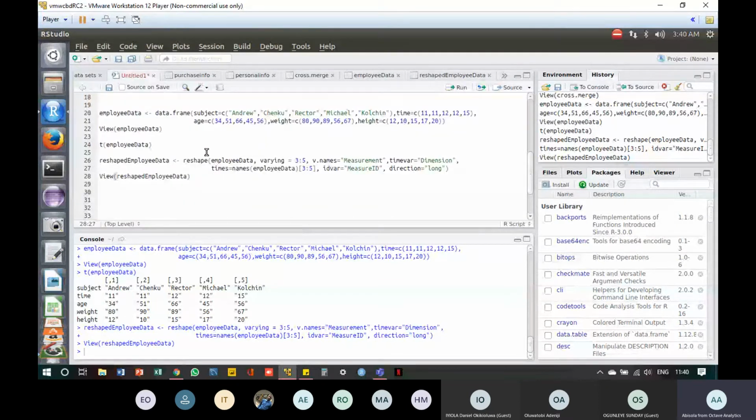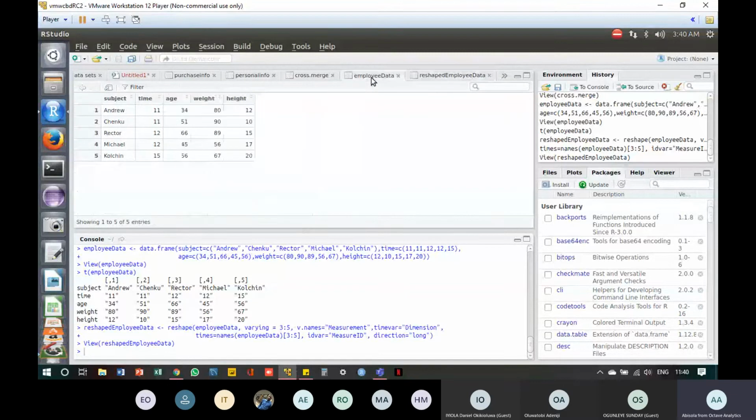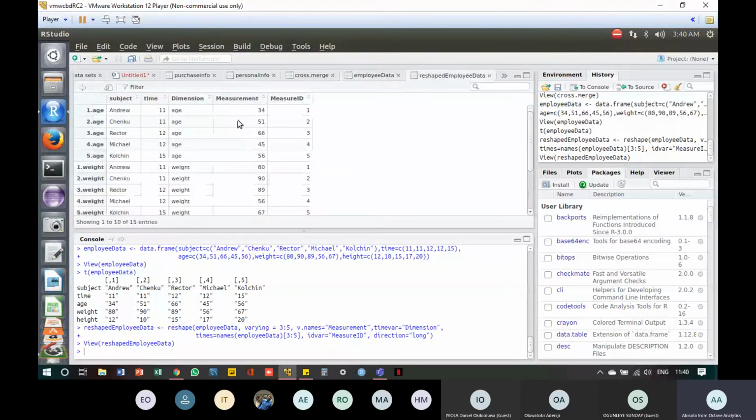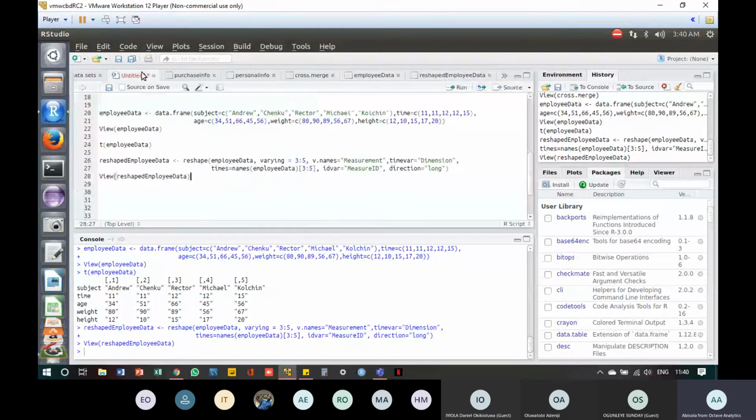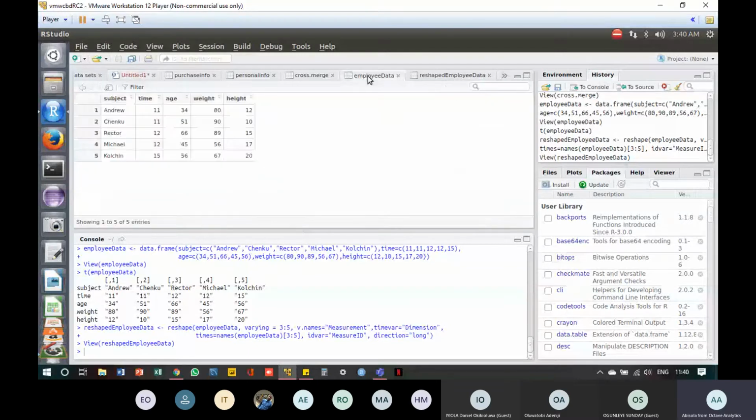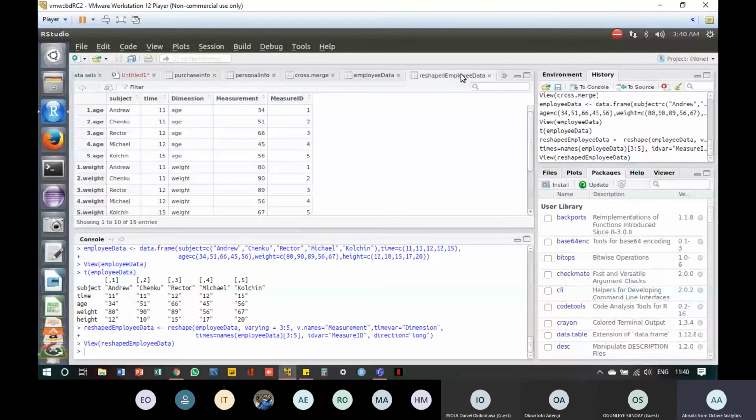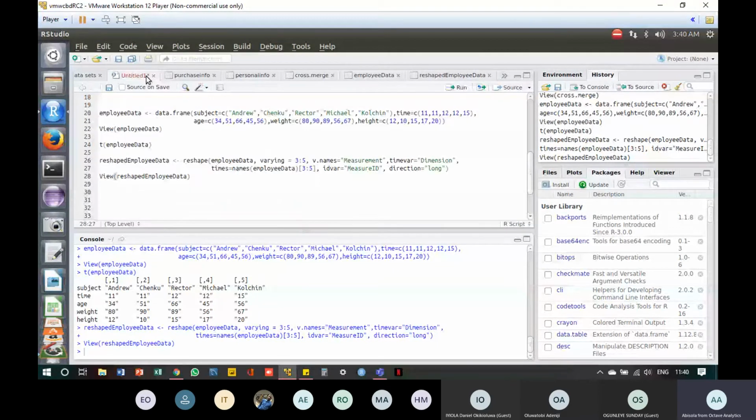Okay, there's something missing here. Okay, let me move to this first. So V names, we created a measurements column, and then we also have, okay, we created a measurements column.